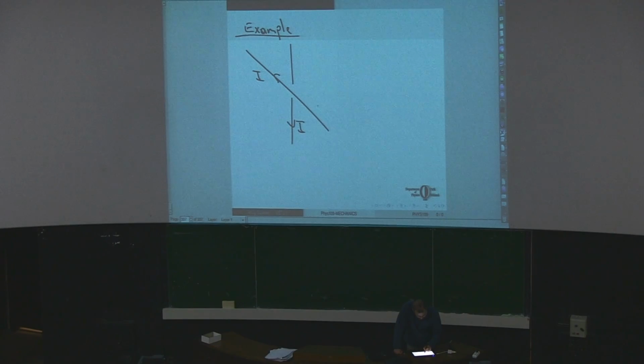For example, let's take one that goes like this. This is loop 1. So B dot dl around this loop 1. This is equal to, okay, loop 1, let's give it a direction also. This is the positive direction.